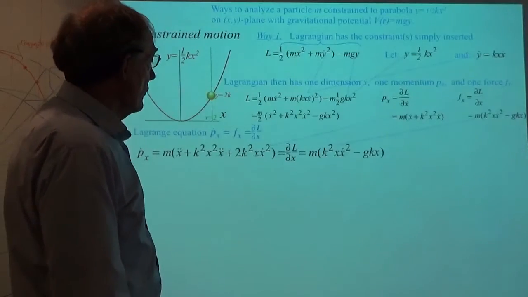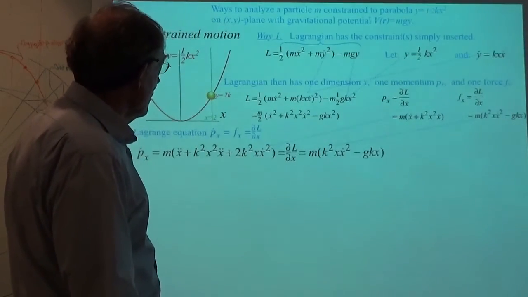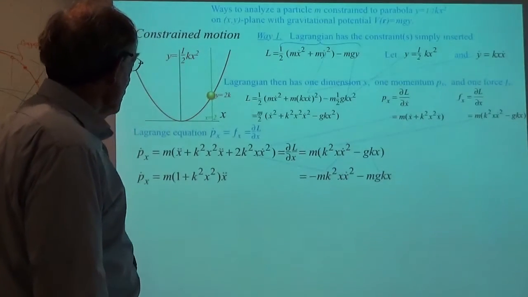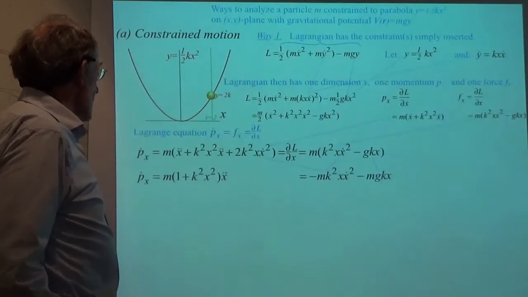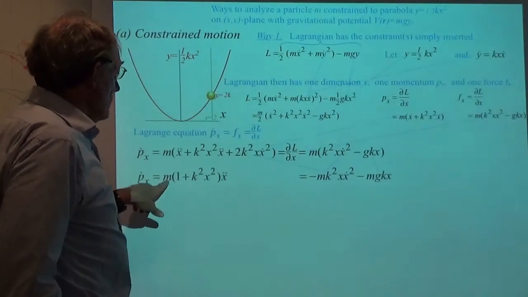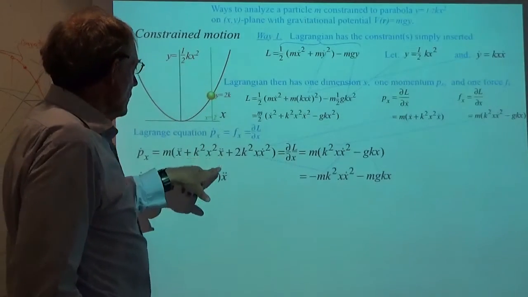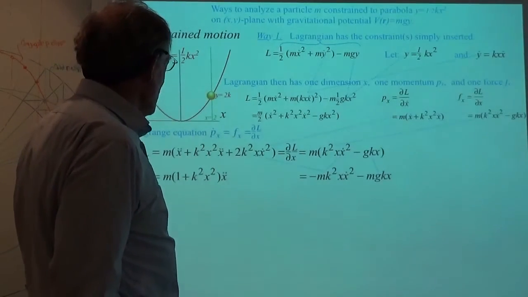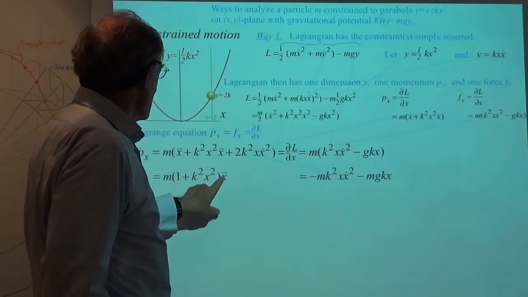So this is basically what we've got. So we look to find the best solution we can for this. p dot equals 1 plus k x squared times x double dot.